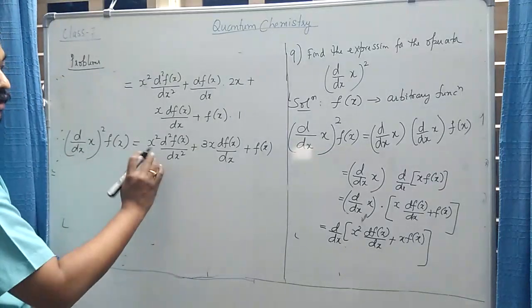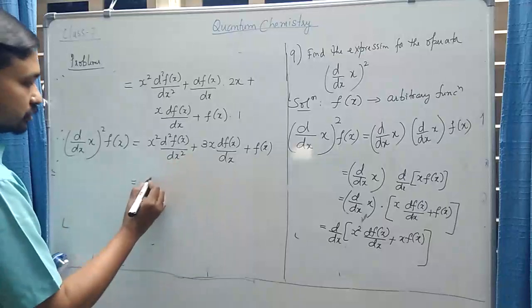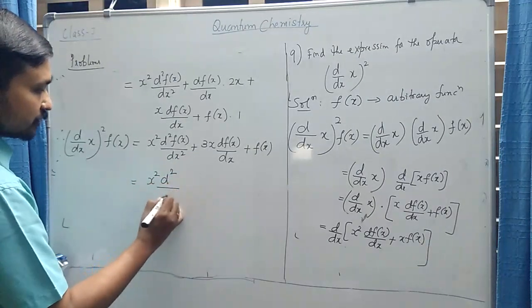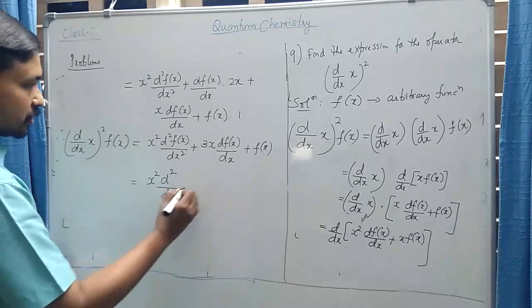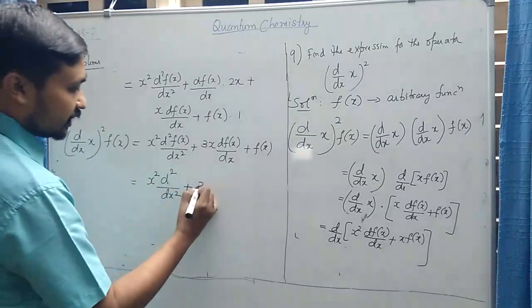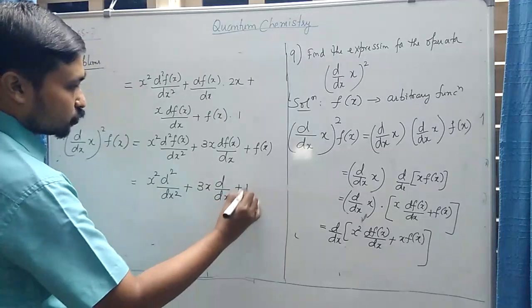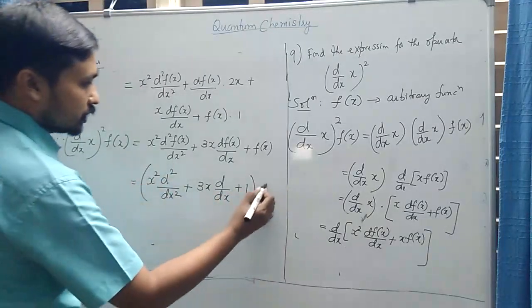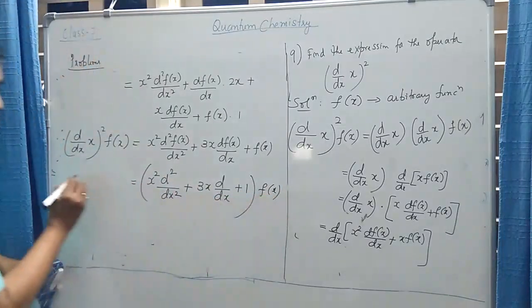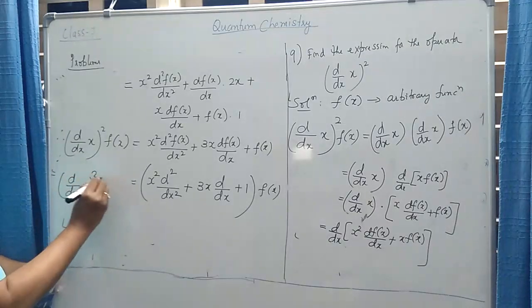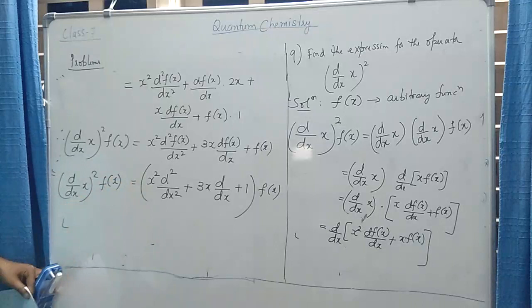So if I take f of x as a common term in all the three, it becomes x² d²/dx² plus 3x d/dx plus 1 into f of x. This is equal to (d/dx · x)² of f of x.